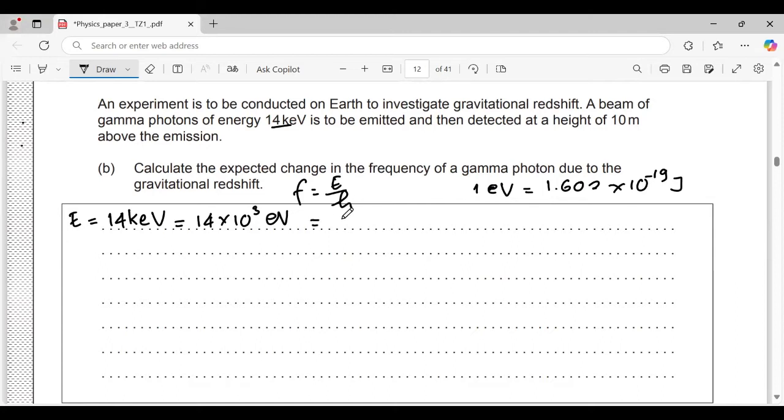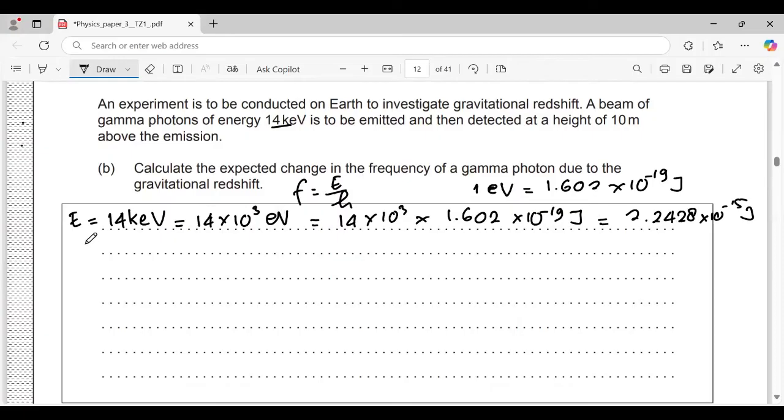So it can be 14 times 10 cubed times 1.602 times 10 to the power minus 19 joule. And if you calculate, the result is 2.2428 times 10 to the power minus 15 joules. Right.